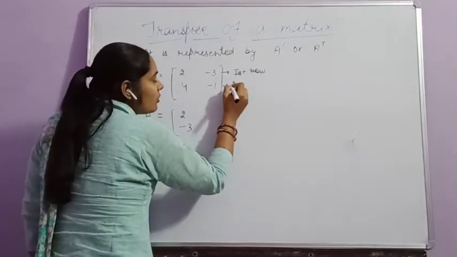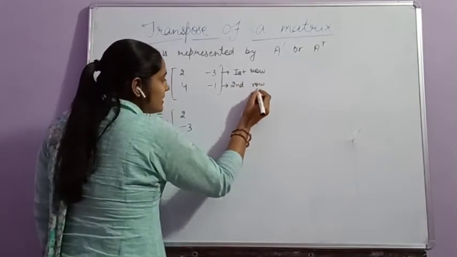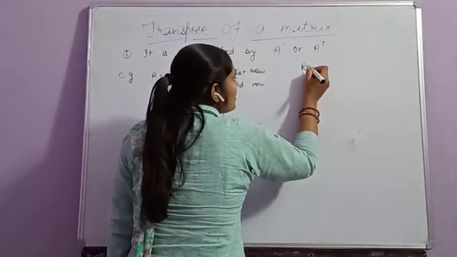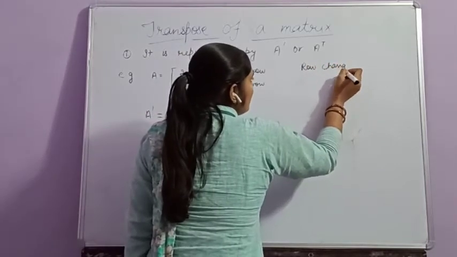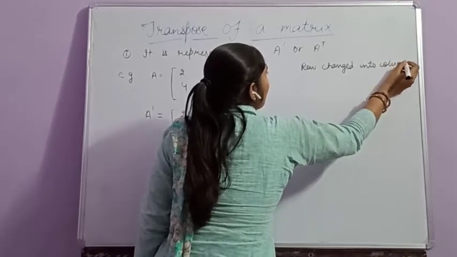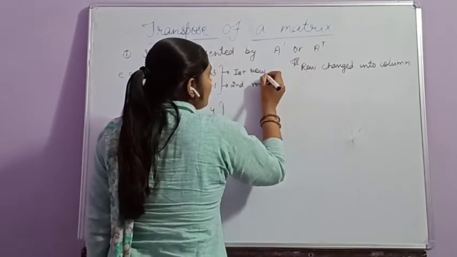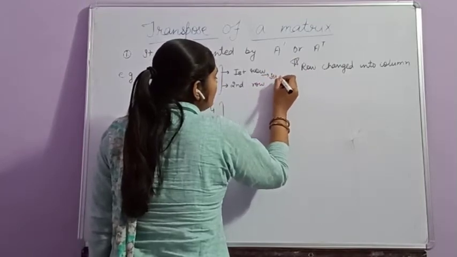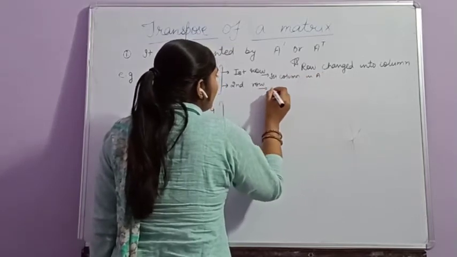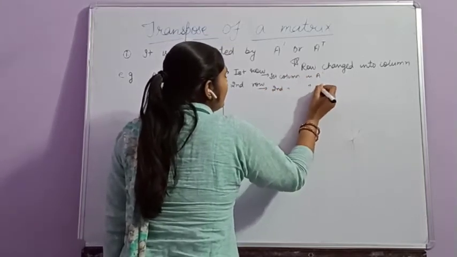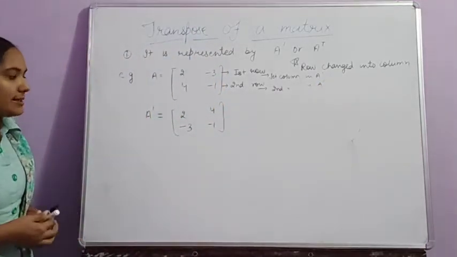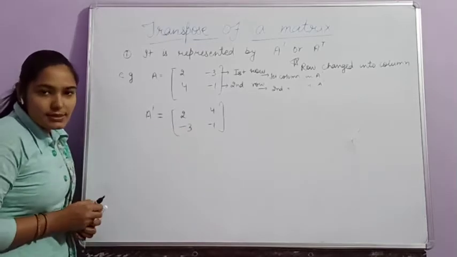The second row will become its second column, that is 4 minus 1. It means rows changed into columns. So the first row will become the first column in A transpose, and that is the second column in A transpose. Clear? Here we can see that diagonal elements remain the same.